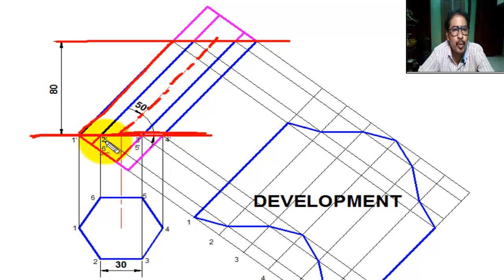We draw from 2 to 6 this line, and 3 to 5 this line, parallel to the axis line at 50 degrees. From 4 dash we draw this line parallel to the axis.